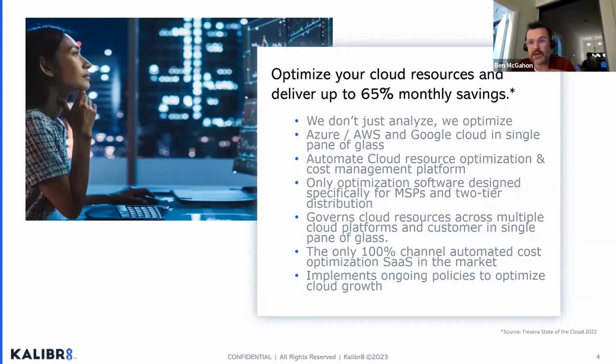And we automate cloud resource optimization and cost management. We're the only optimization software out there designed specifically for MSPs to manage all of their customers across all the major clouds in one pane of glass, to govern those cloud resources, and we're 100% channel, implementing ongoing policies to optimize cloud growth.